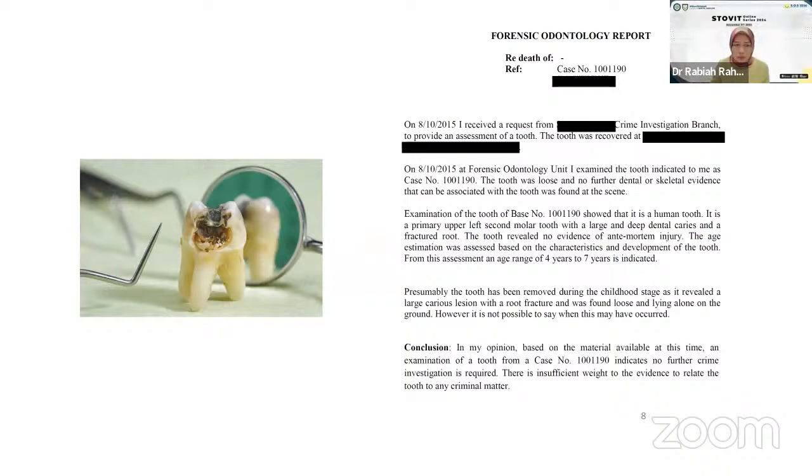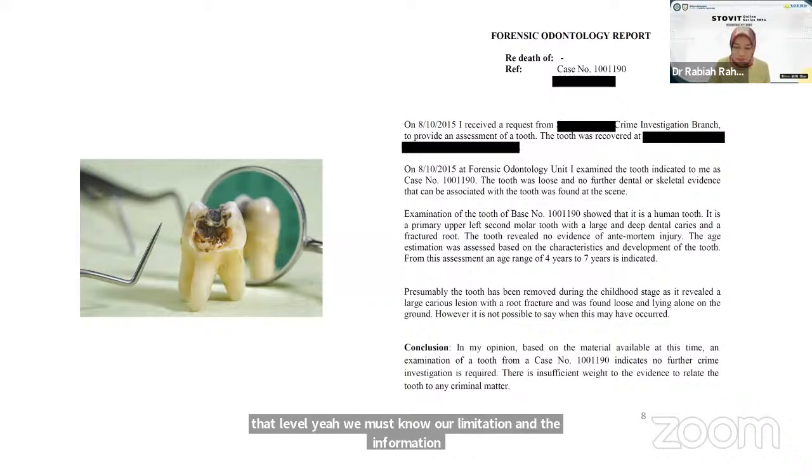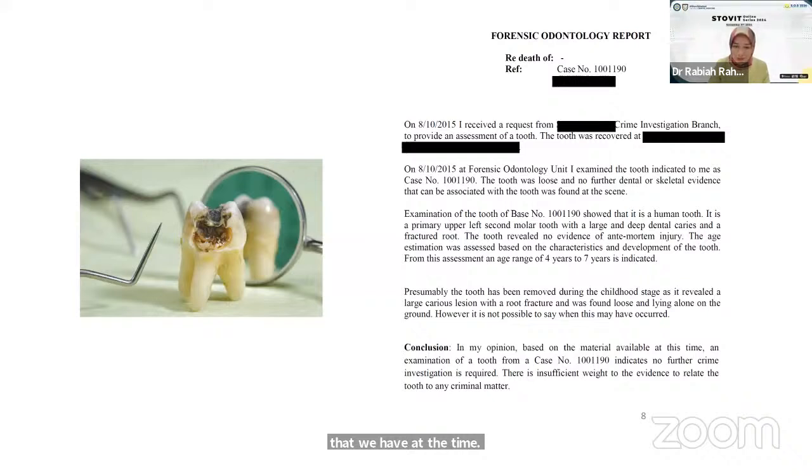So if we do not have any other information that could associate the tooth with the circumstance, we just don't go to that level. We must know our limitation and the information that we have at the time. So we have to be careful and cautious when we do the report.